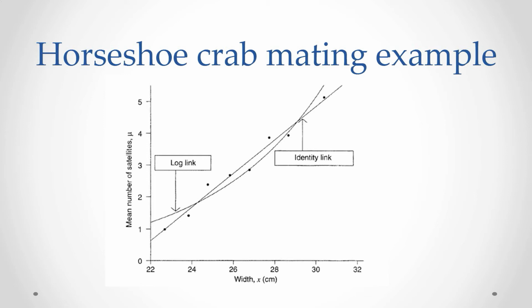So for this example also you see that if the main focus is on prediction towards the extremities of the range, it is important to use the log link rather than the identity link.